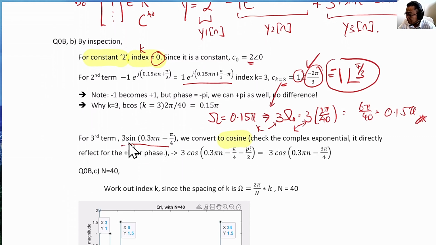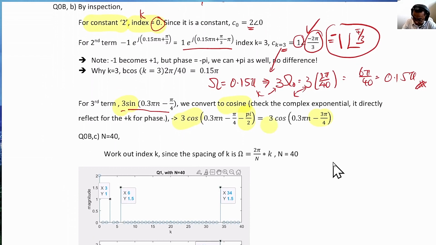To convert a sine to a cosine, we not only change the function, but we must also introduce a phase shift of minus pi over 2. Now we bunch this minus pi over 4 and minus pi over 2 together to get minus 3 pi over 4.